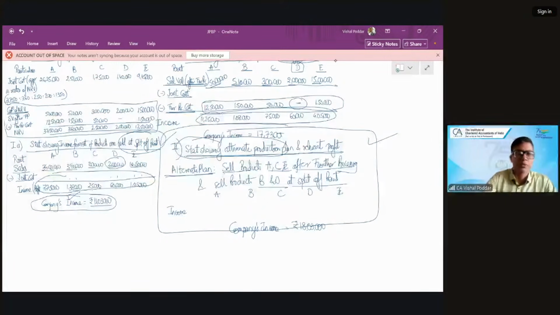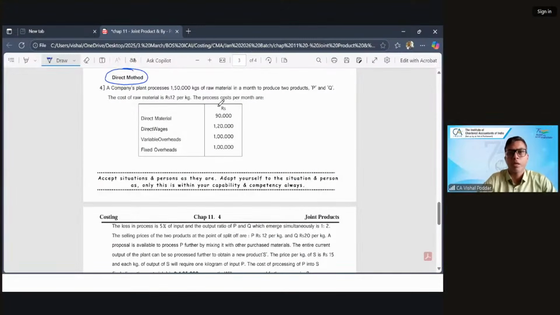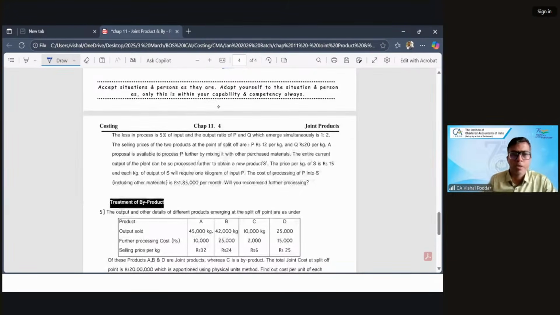See, I'll show you the question. A company's plant processes 150 kg of raw material to produce 2 products, P and Q. The cost of raw material is 12 and the processing cost is this. Now all this will help us find out the joint cost. Then there is a loss of 5% and the output of both these products is in the ratio of 1:2.